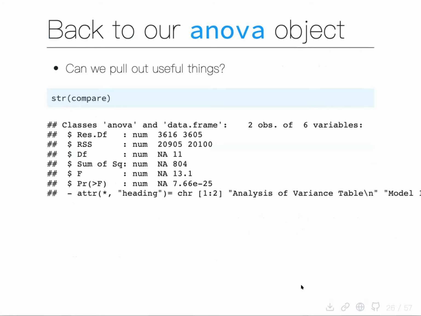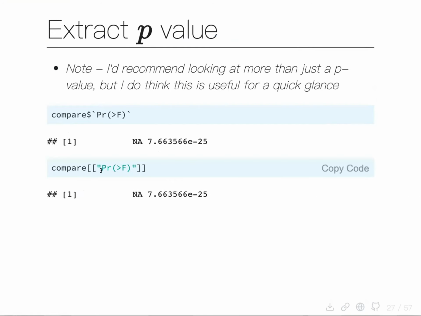If we look at our ANOVA object, we can see that it has this stuff, and probably what we want is actually this p-value. There's probably other stuff we want too, but for the sake of argument, let's say we just care about the p-value because we like to look at shiny things. All right, so let's pull out the p-value.